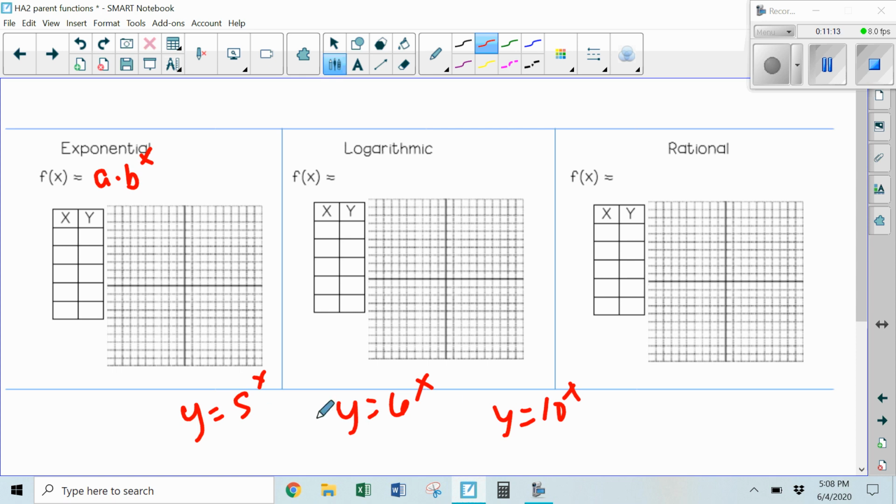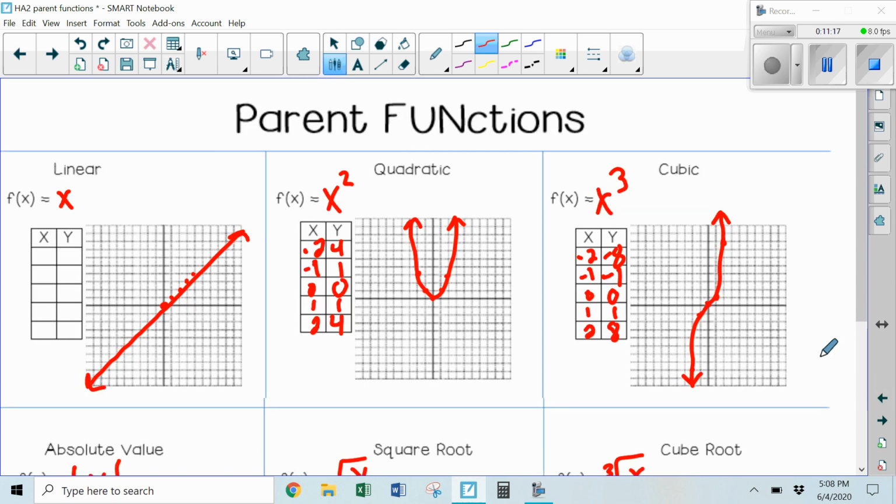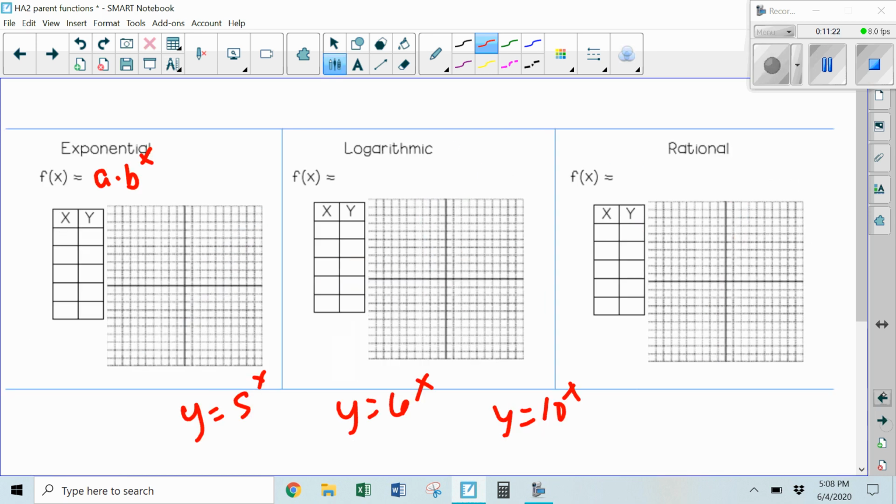All of these are different parent functions. Whereas in these first 6 that we did, there was only one. This is the only quadratic parent function. But with exponential, it depends what the base of the exponent is. So go ahead and you can erase that. We'll just put an example. Let's put 5 to the x.